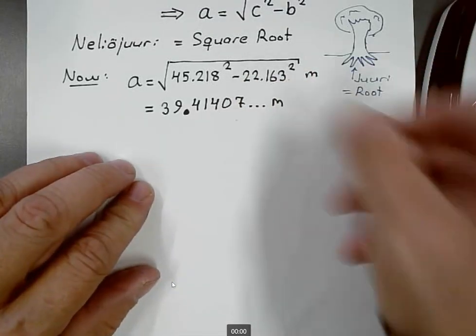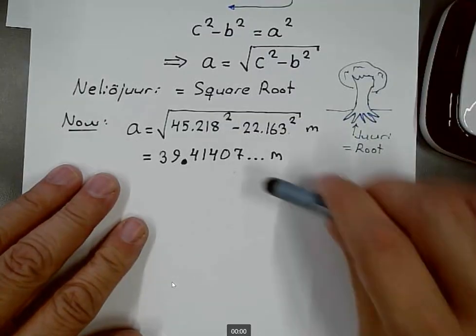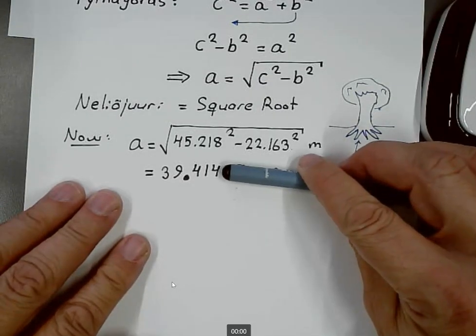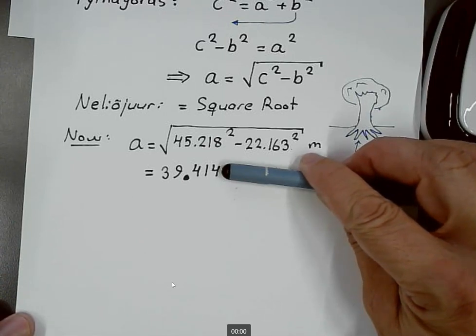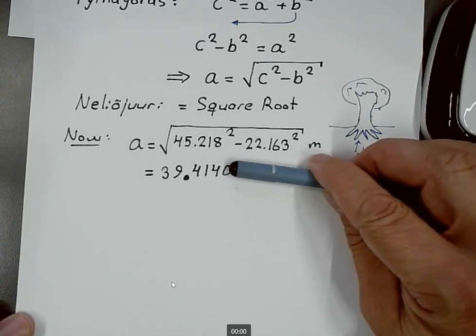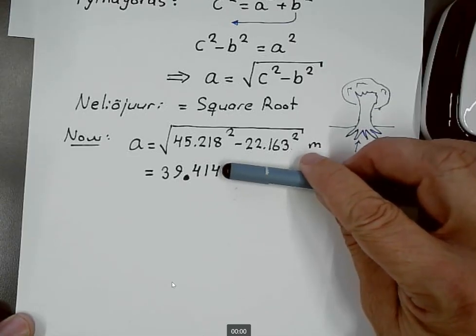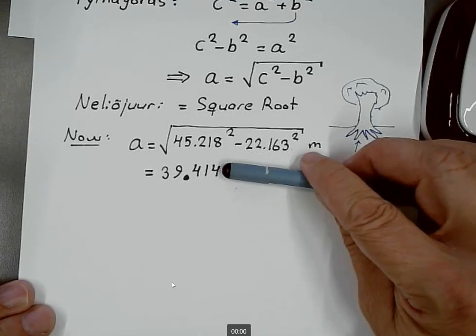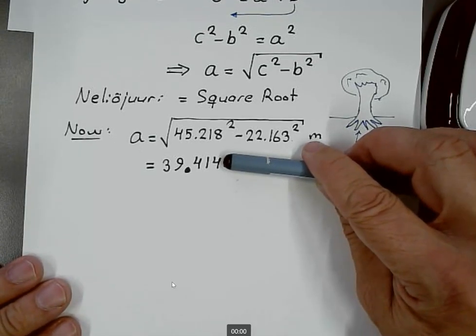So when we take away that part, we now have the 3 decimals, and the next figure there is 0, so the 4 will stay. So here you see the correct rounding to 3 decimal places.